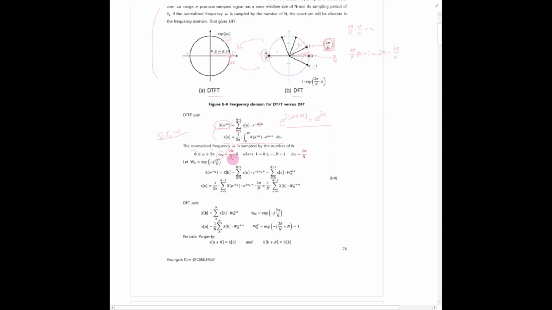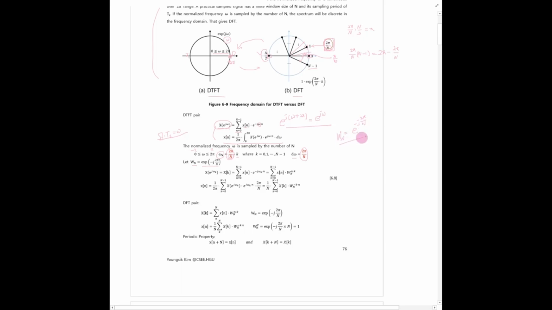What's the meaning of this period? Think about that. The frequency step now is this one, and we defined omega n. This is actually W subscript n, expressed this way. So W_n is e to the minus j 2 pi over n.